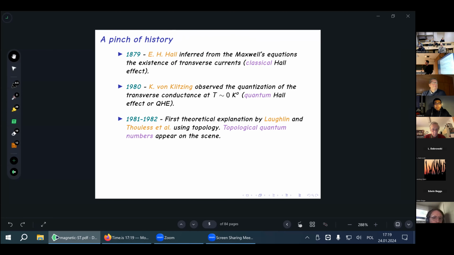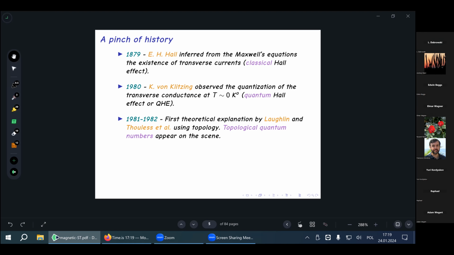This was surprising because it was not clear why this current should be quantized, but just one or two years later came the first theoretical explanation by Laughlin and Thouless and others in a very seminal paper. Since the beginning, the interpretation of this result was based on topology. This is more or less the year of the birth of the term topological quantum number.